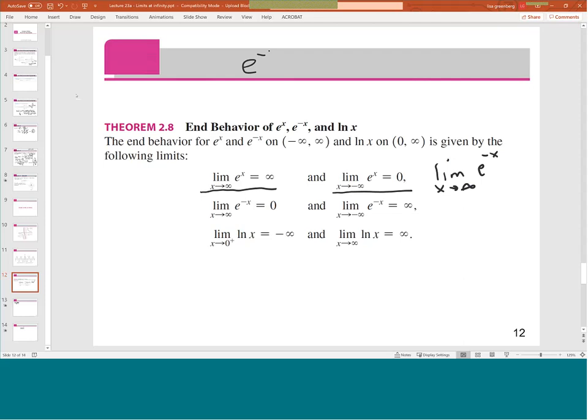What's another way to write e to the minus x? What's another way to write 2 to the minus 3? E to the 1 over x. Try one more time. E to the power of 1 over x. Try it one more time.